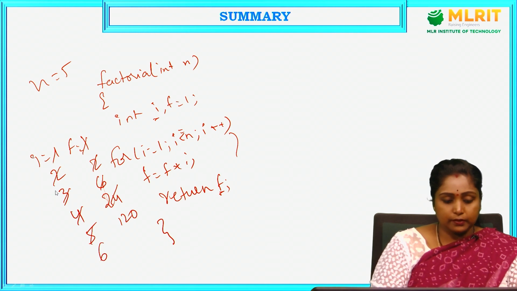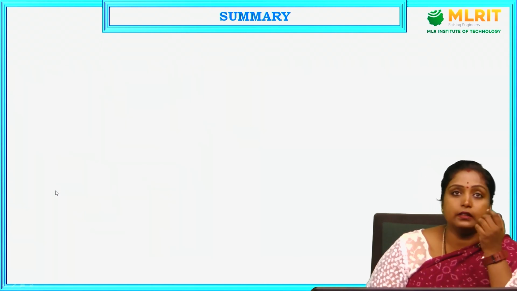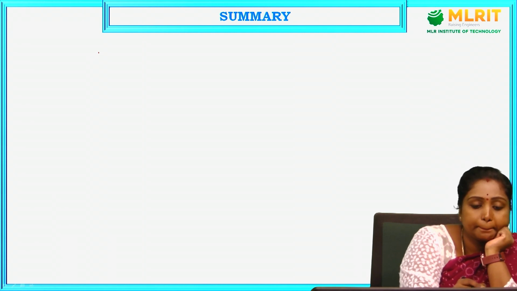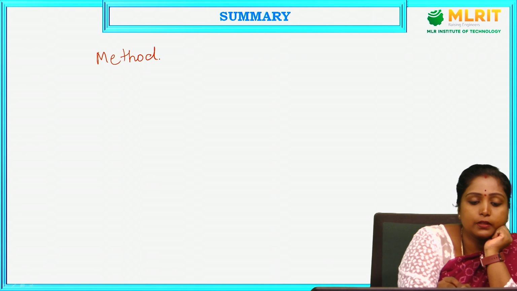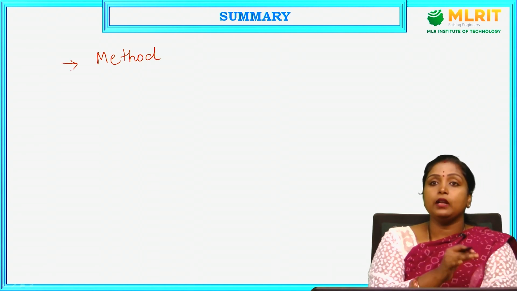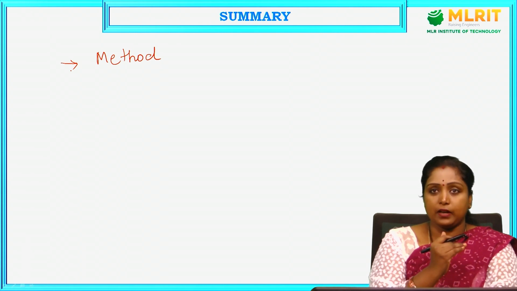In today's session, what we have learned is, first, what is a method. A method is a block of code. When it is called, it will perform a specified task.